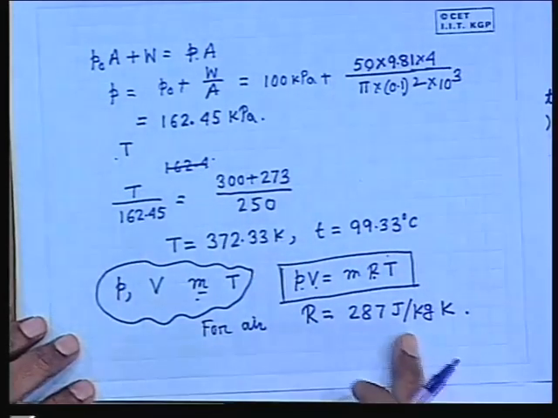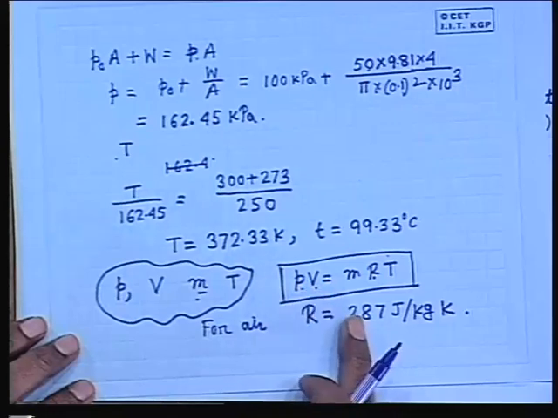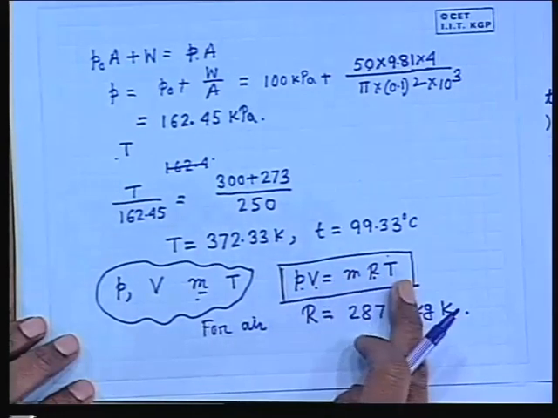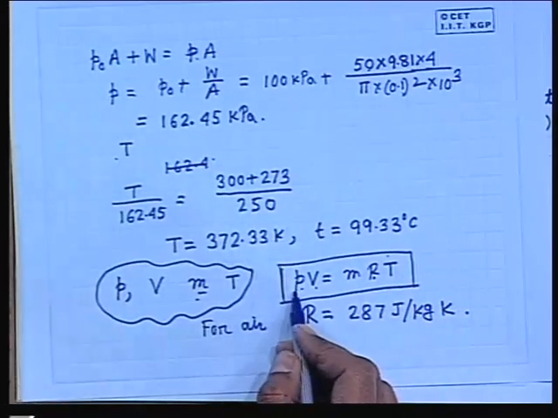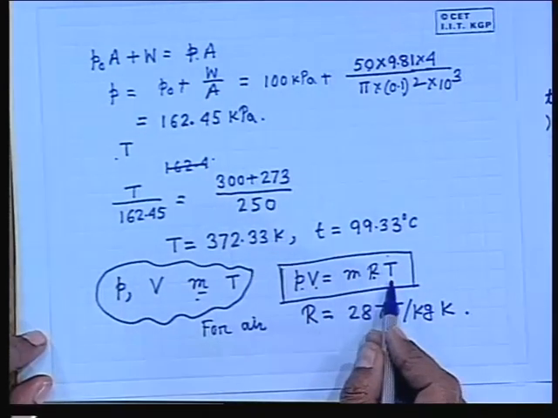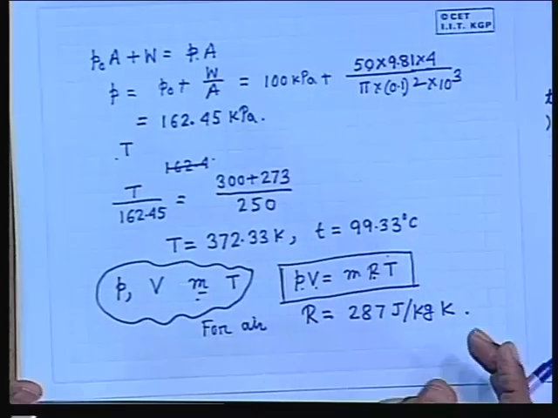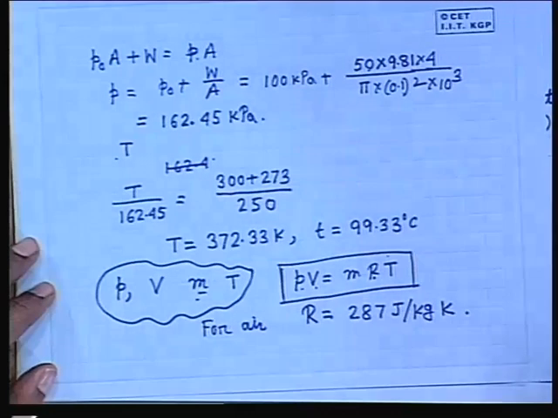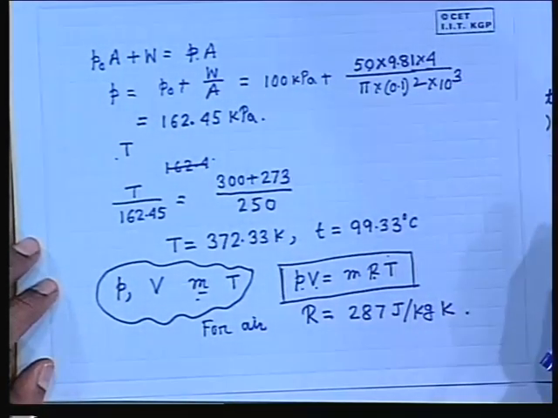This you will always remember that PV is equal to M times 287 times T, where P is in basic unit, Newton per meter square, V is in meter cube, M in kg and T in Kelvin. All right. Do you have any problem? All right.